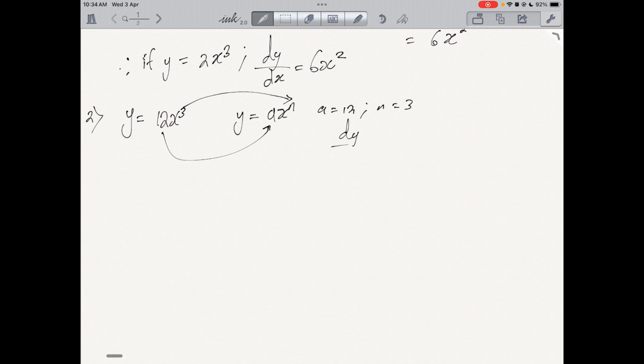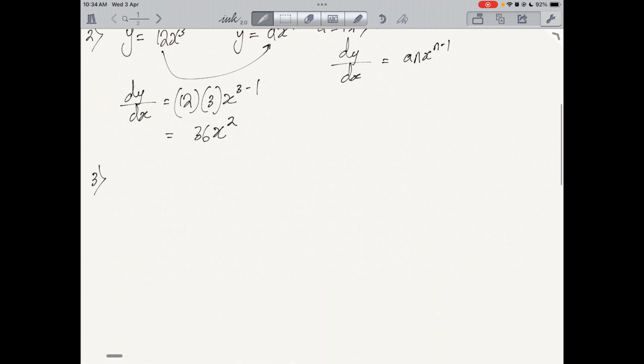And we know that our differential format is an x^(n-1). Therefore, our dy/dx = a, that's 12 multiplied by 3, multiplied by x^(3-1). And 12 times 3 is 36, x to the power 2.